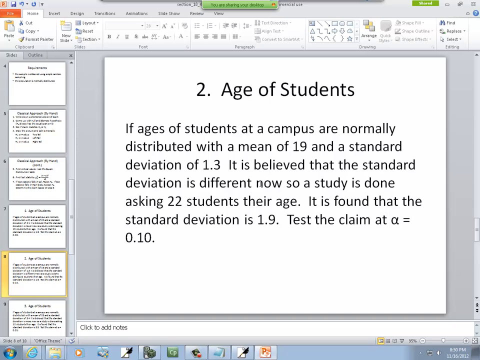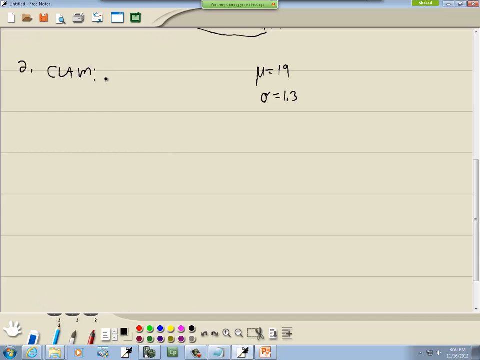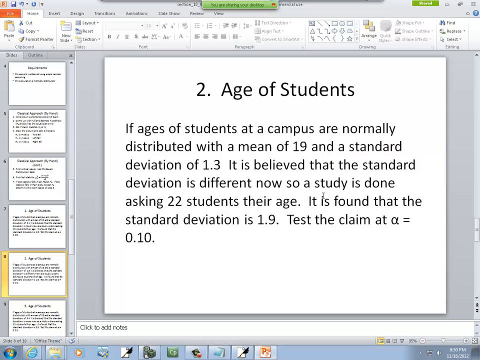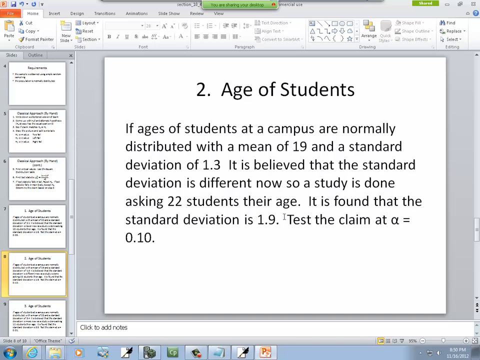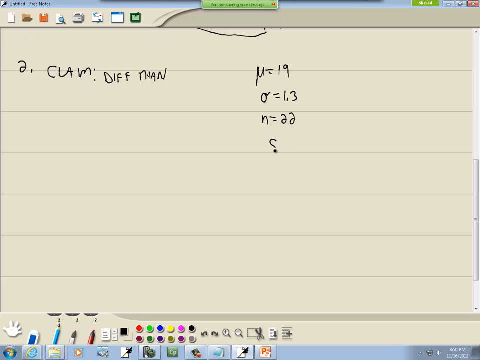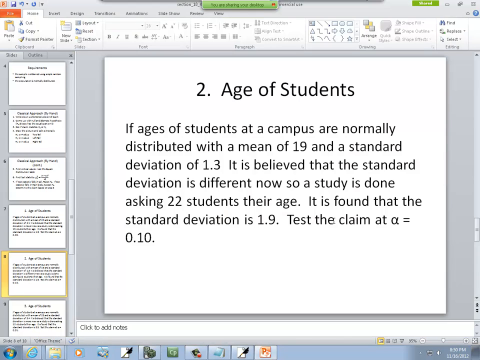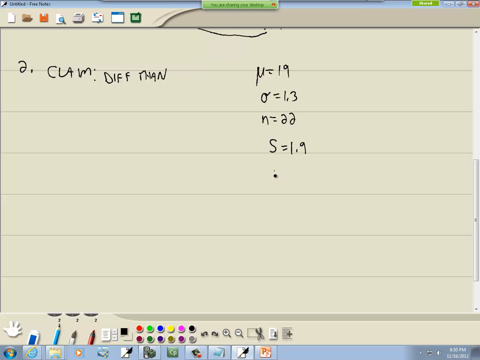It is believed that the standard deviation is different now. Different than something. So a study is done asking 22 students their age. So n is 22. It is found that the standard deviation is 1.9. So S is 1.9. Test the claim at alpha equal to 10%.